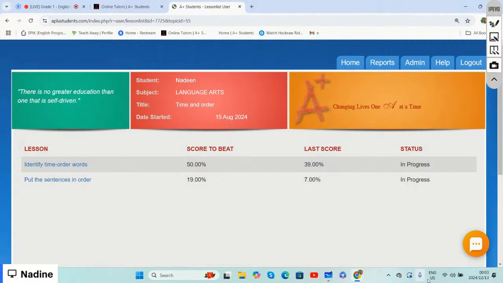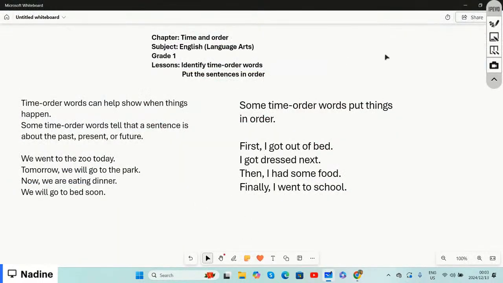All right. So our chapter is time and order. Our subject is English language arts. We're doing grade 1.